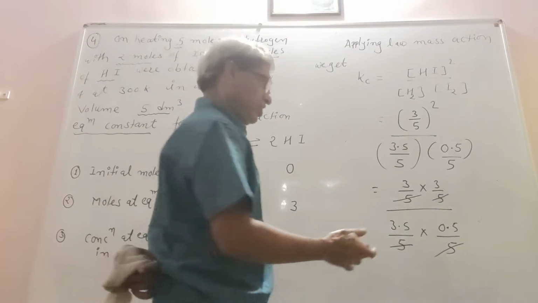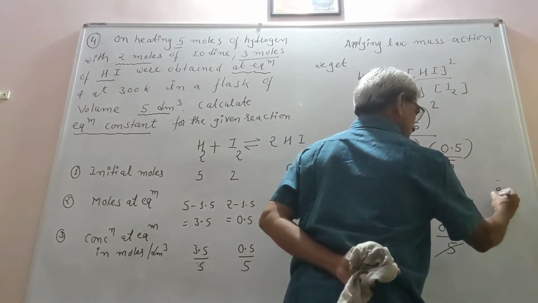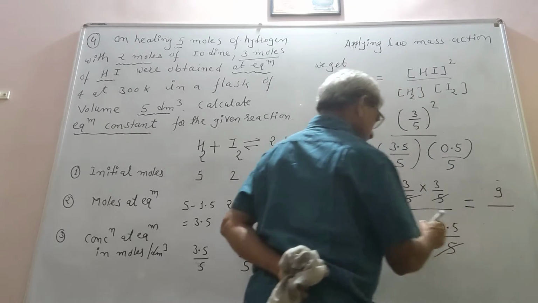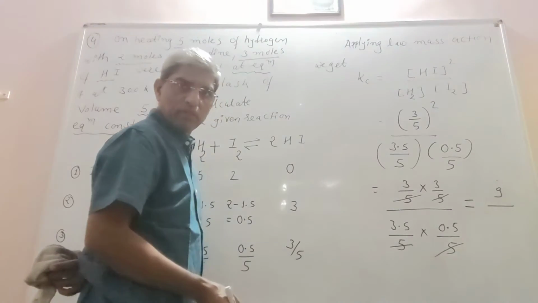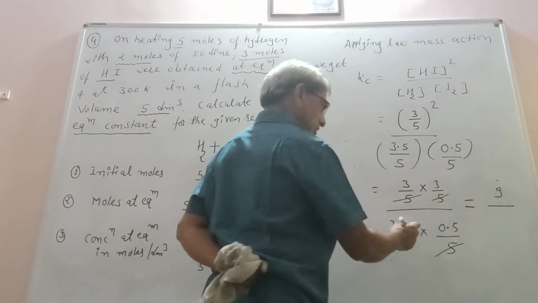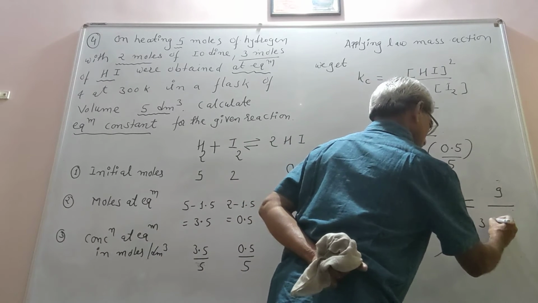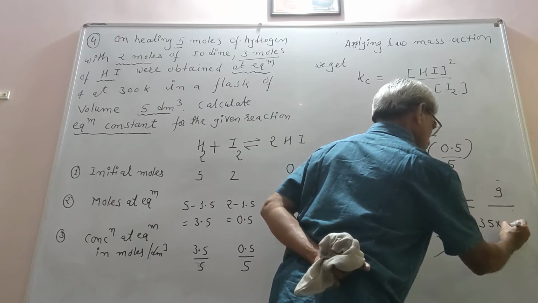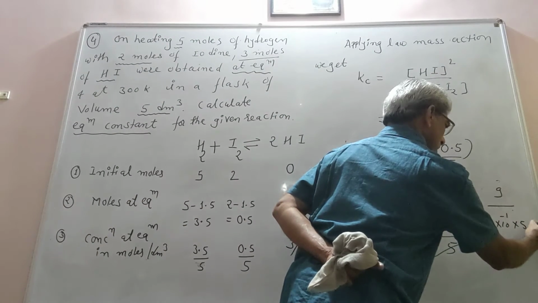Just then multiplication. 3 into 3, 9. And then 3.5 into 5. We will write it in this fashion: 35 into 10 raised to minus 1, 5 into 10 raised to minus 1.